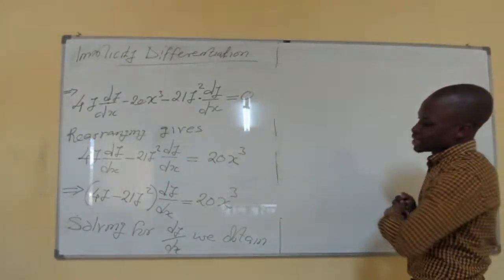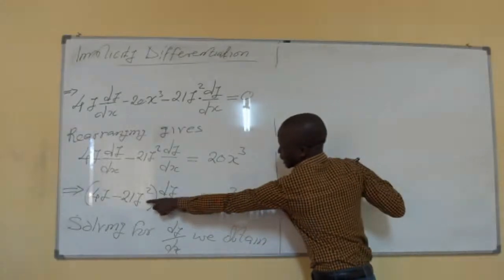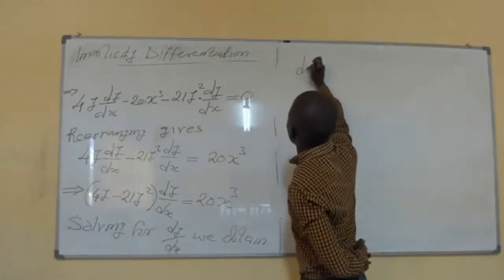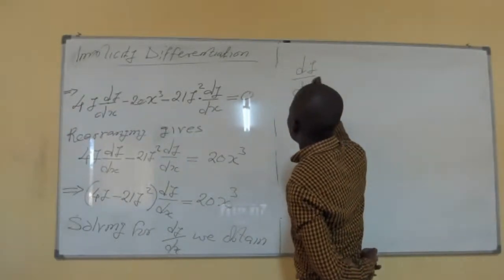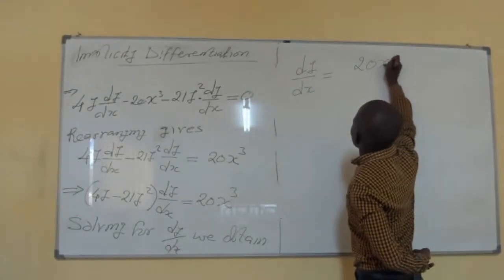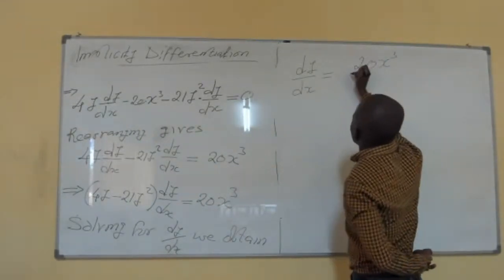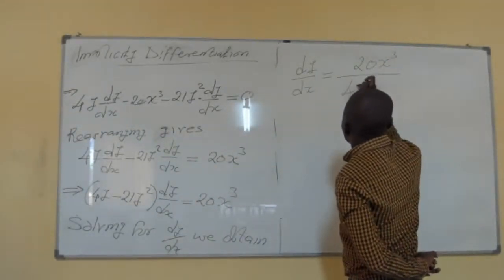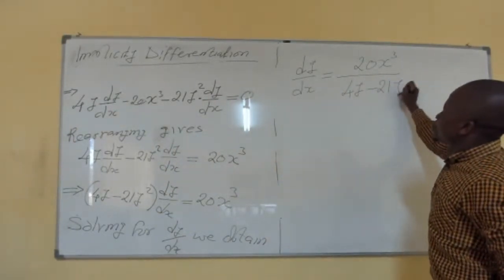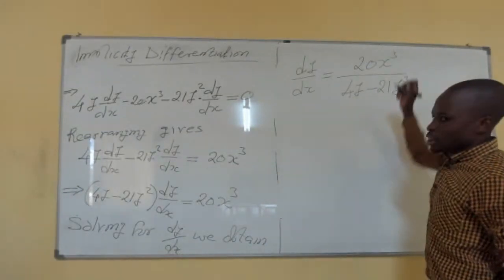So if we solve for dy/dx, we are going to get the derivative of y with respect to x to give us 20x power 3 divided by 4y minus 21y power 3.